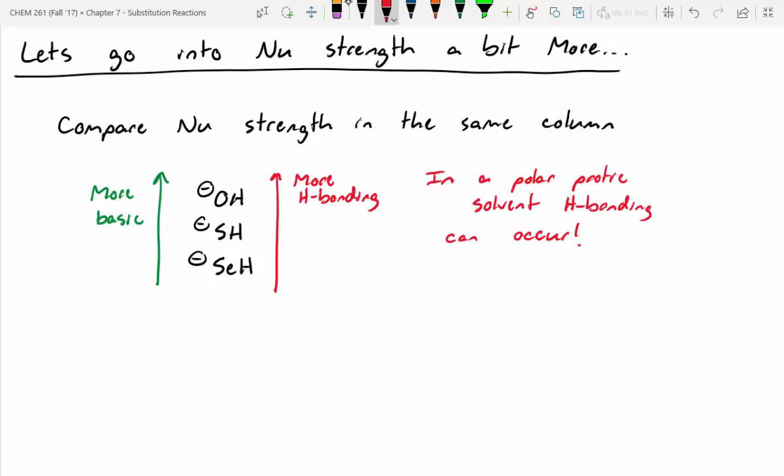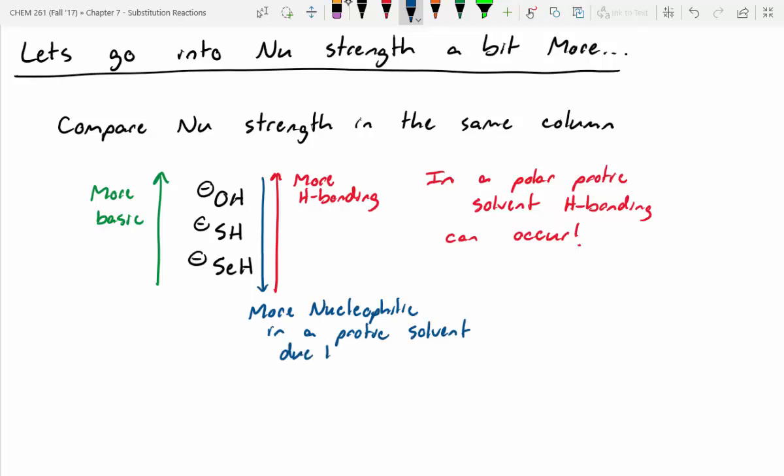What was that? The bottom, why? Yeah, less H bonding, right? We know our nucleophile shouldn't be H bonding as tightly, so this would be more nucleophilic in a protic solvent due to less H bonding strength.